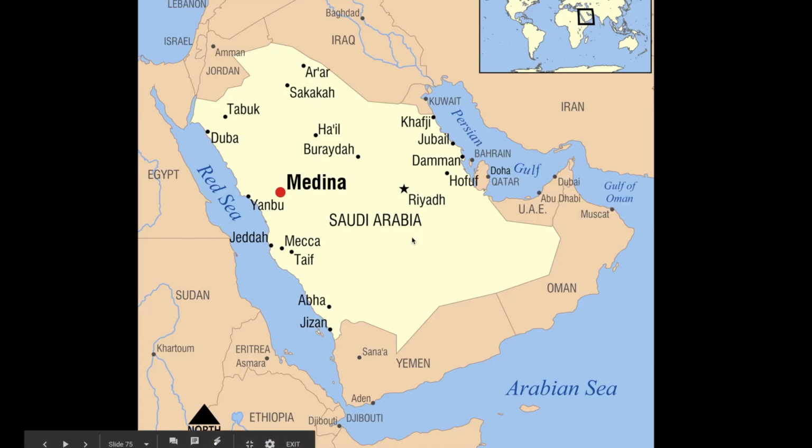You'll notice this is the Arabian Peninsula, and this is where Islam originated, in this square on a global map.